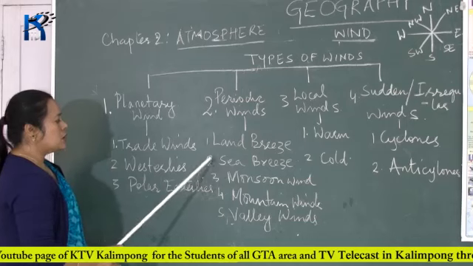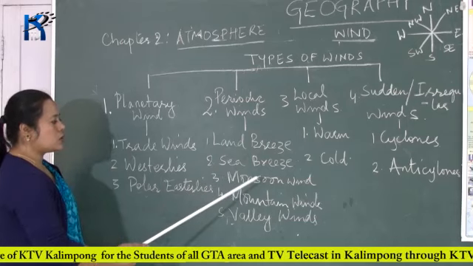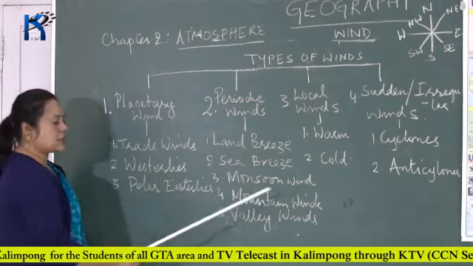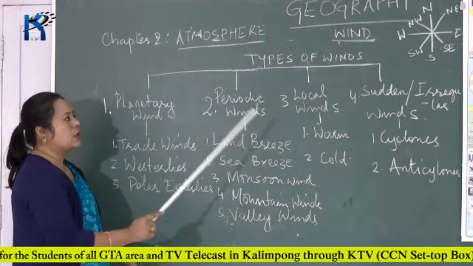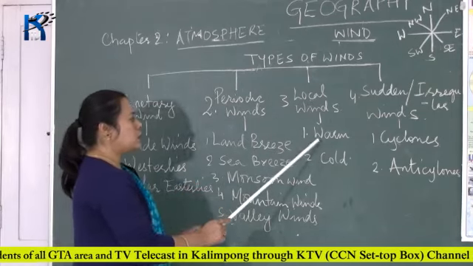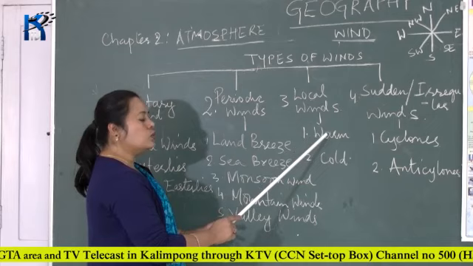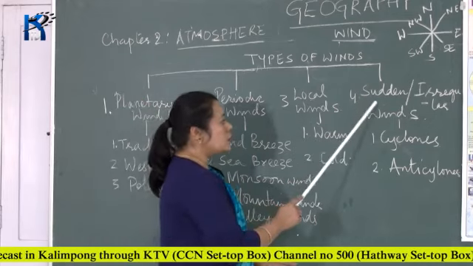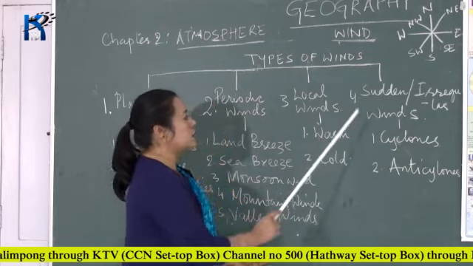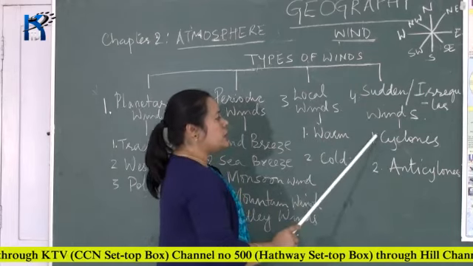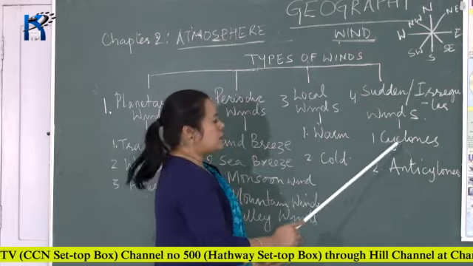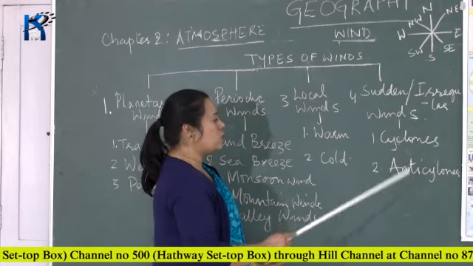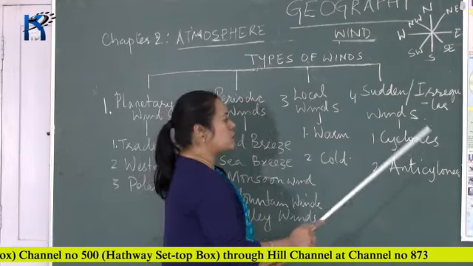Local winds are of 2 types, that is warm wind and cold wind. Sudden or irregular winds are of 2 types, they are cyclones and anticyclones.